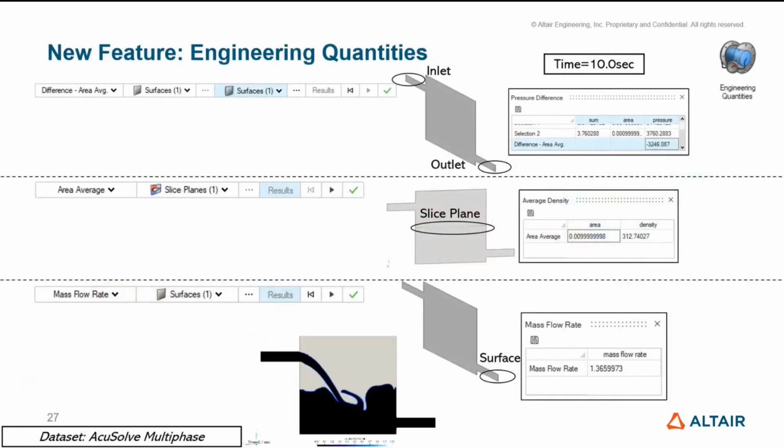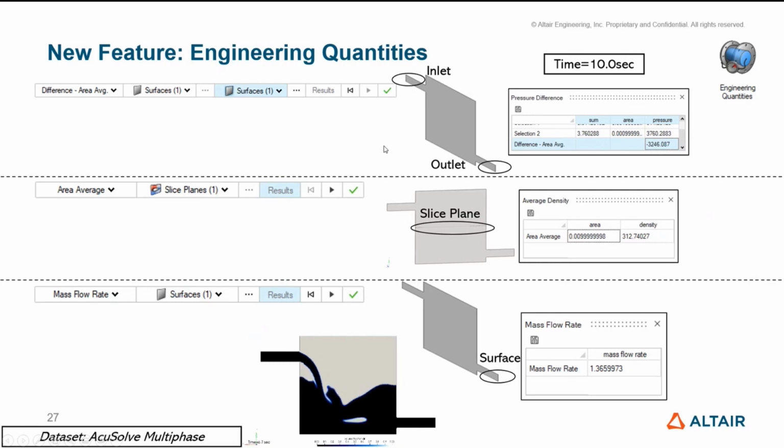So one new feature we've added is the engineering quantities. Here we have 3 examples. I'm just omitting one because it's kind of a duplicate, but the 3 entry types that we'll present here are, first, the difference for an area average, which allows the user to compute, say, delta pressure from the inlet to the outlet.